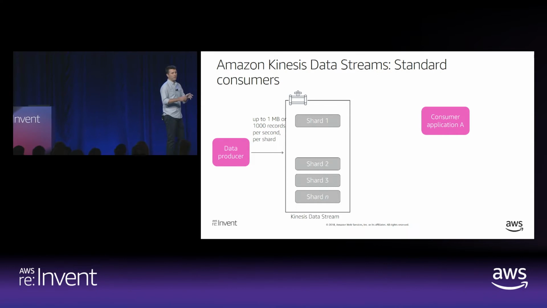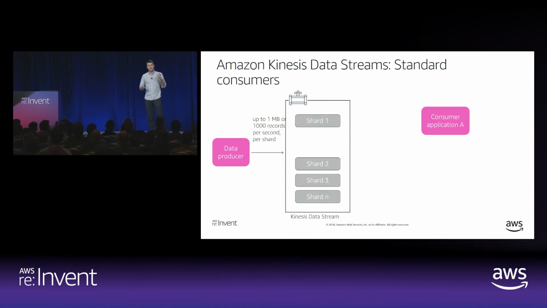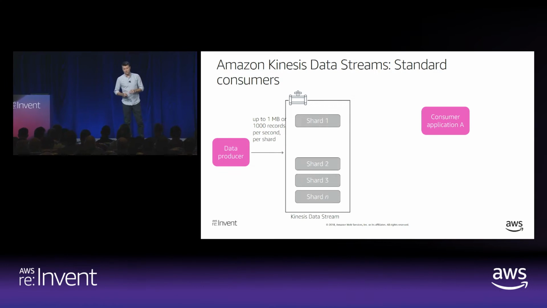So when you do your analysis of a Kinesis stream and you have to determine how much data you want to ingest into that stream, that determines how many shards you'll have to put into that stream. So if your use case says that you're going to stream about 4,000 records per second, you will need 4 shards in your stream. So a shard is a unit of scale in a stream.